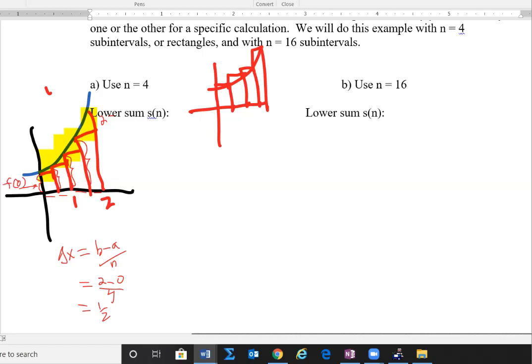For the second rectangle, we'll have f of 1/2. For the third rectangle, it will be f of 1. For the fourth rectangle, we'll have f of 3/2.